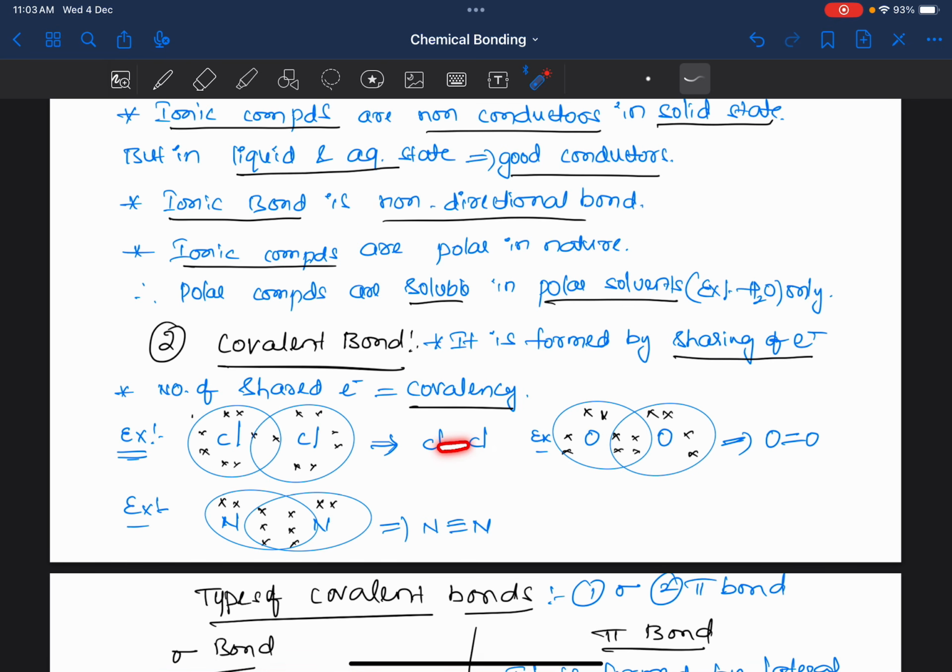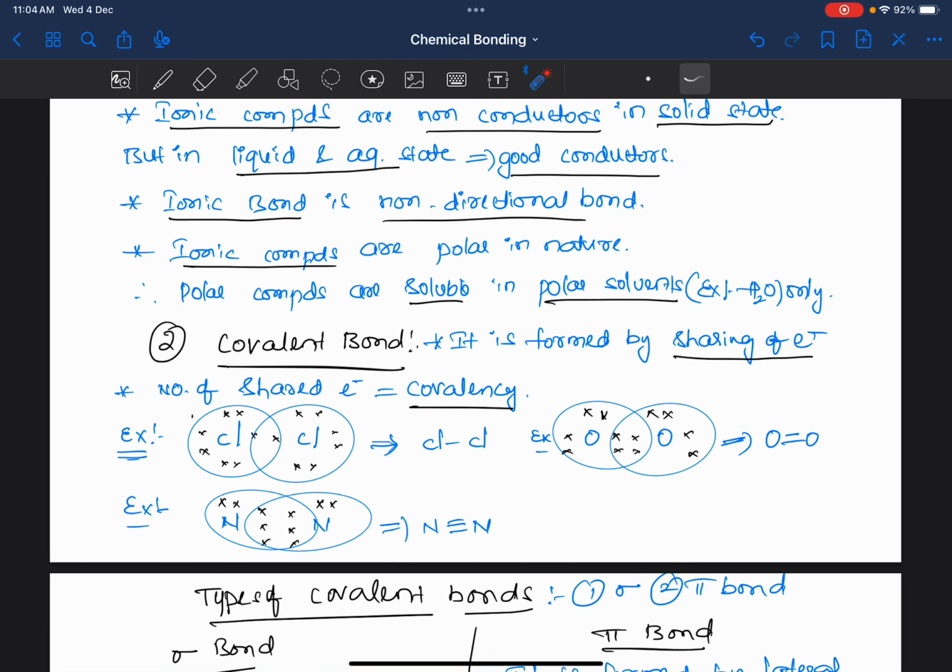Why is a covalent bond formed here? Because in general, chlorine has 7 valence electrons. I indicated 7 valence electrons on each chlorine. Now one chlorine atom shares its electron with the other chlorine atom, so around each chlorine 8 electrons are observed. Therefore a covalent bond is formed in between. The covalency of chlorine is 1 only.